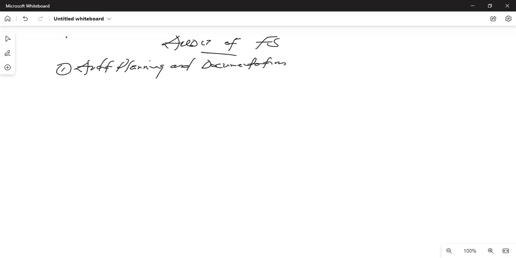Number two, what we will be looking at is evidence and testing. After planning, you will be looking for evidence and testing. The third thing that we'll be looking at is the conclusion bit.